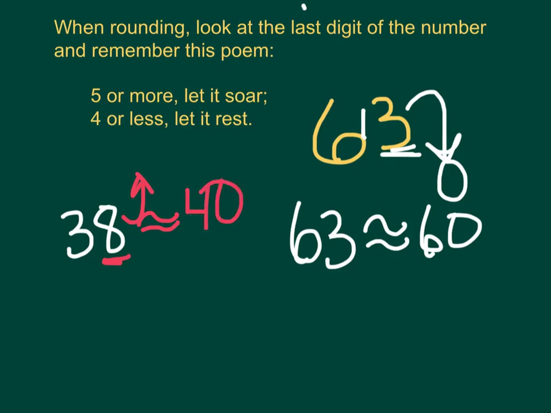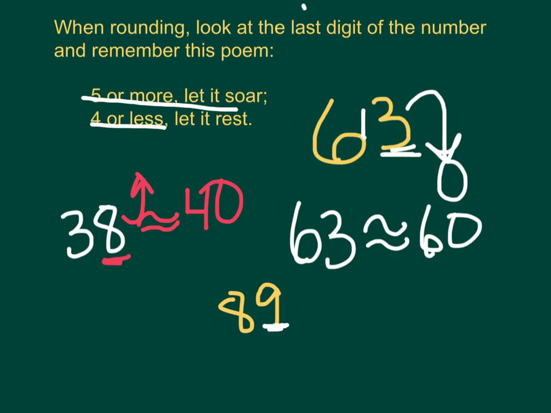What if we had the number, let's use a number we haven't used yet, 89? Again, let's look at the poem. Is it 4 or less, or 5 or more? We look at the number 9.